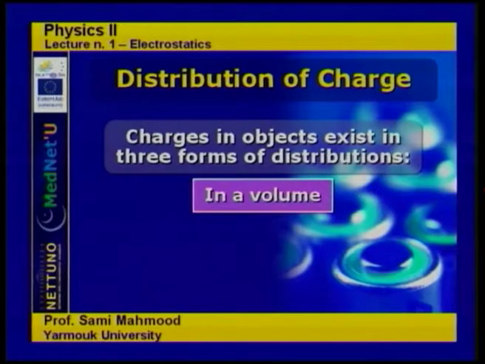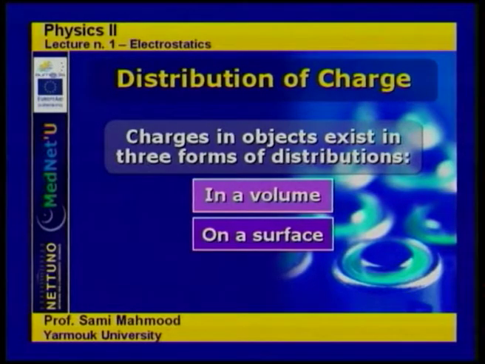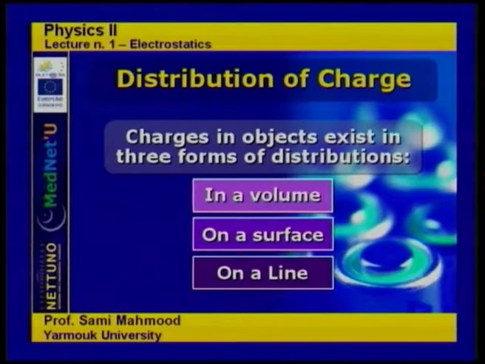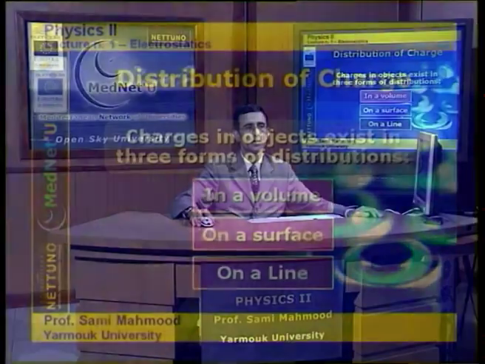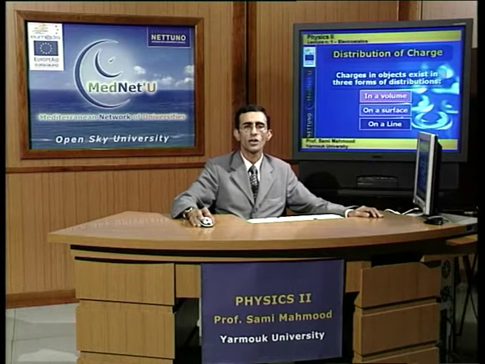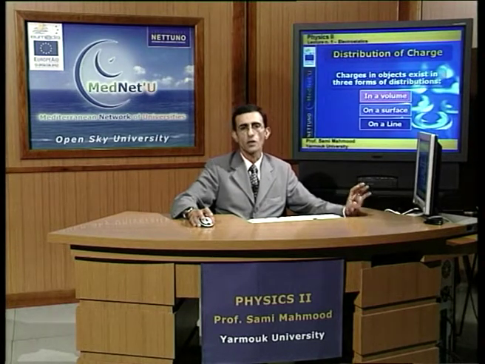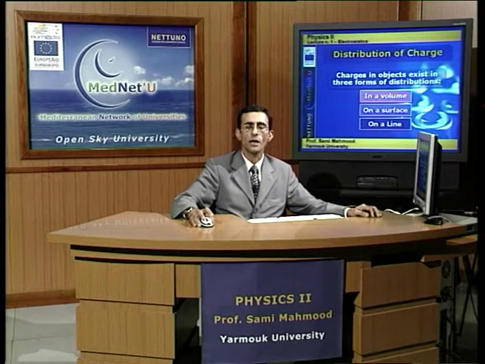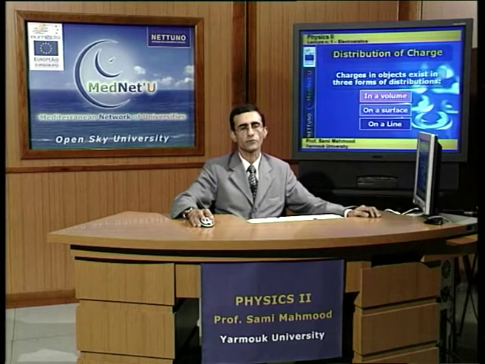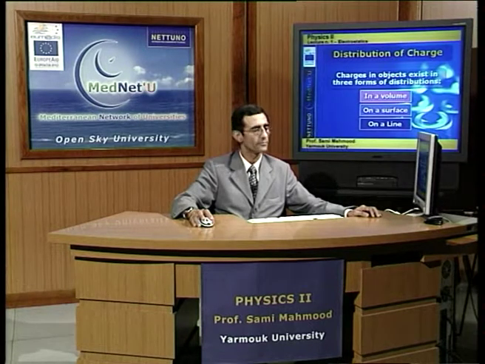So, for example, charge can be distributed over a volume, and then we will have a volume distribution of charge. Charge can be distributed over a surface, or charge can be distributed along a line, and then we will have a linear charge distribution. These are the well-known charge distributions that we will be dealing with in our electricity problems to follow.